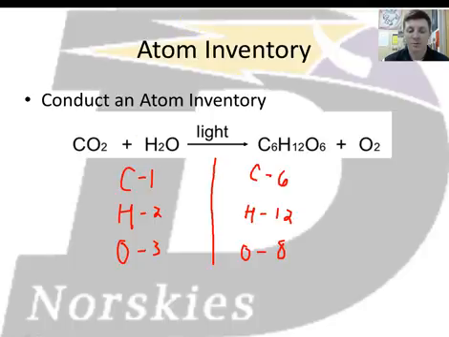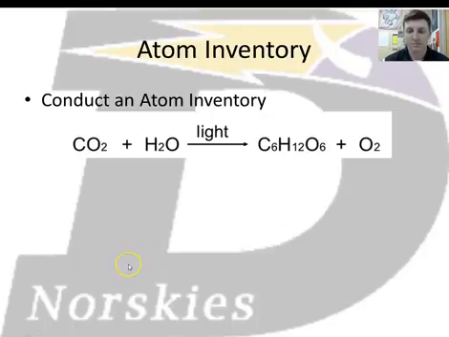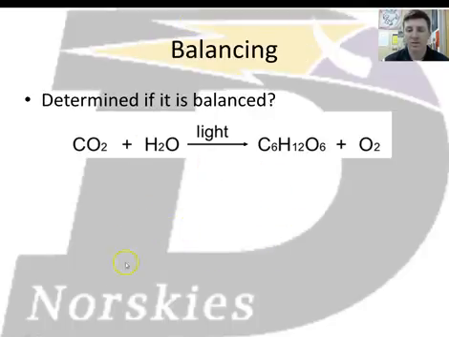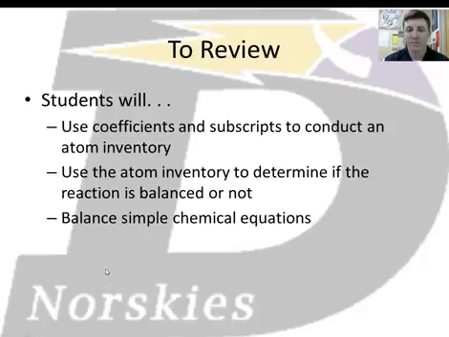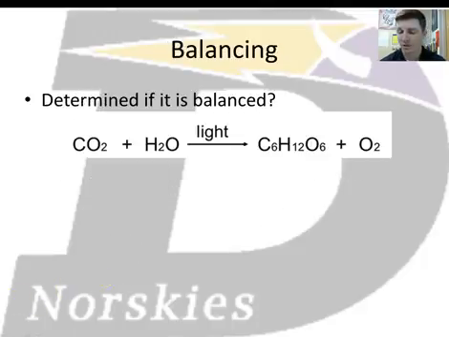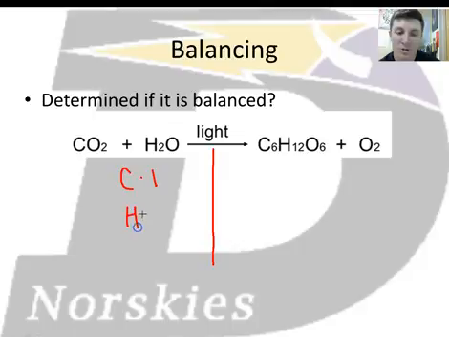If we go to the next slide, we have to determine if it's balanced and do the balancing itself. So if I go back to our drawing here, we know that we have C1, H2, and O3.